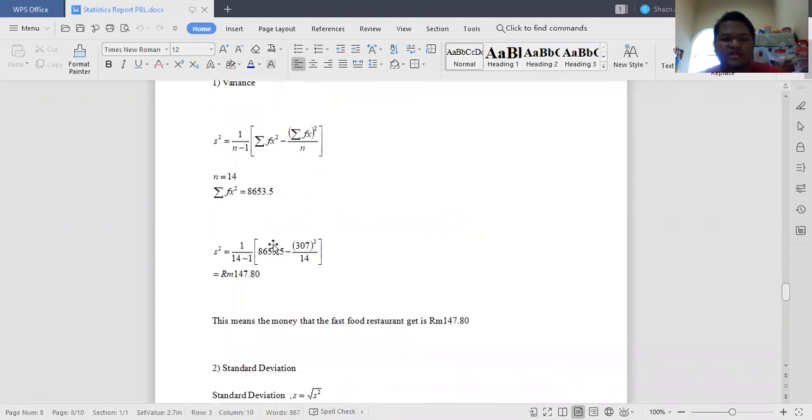So the variance means the money that the fast food restaurant gets varies by around 147.8 ringgit.